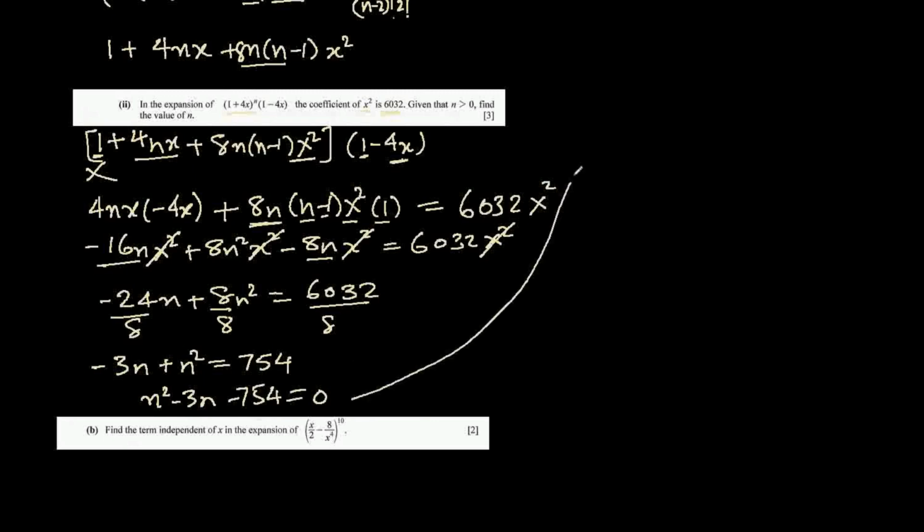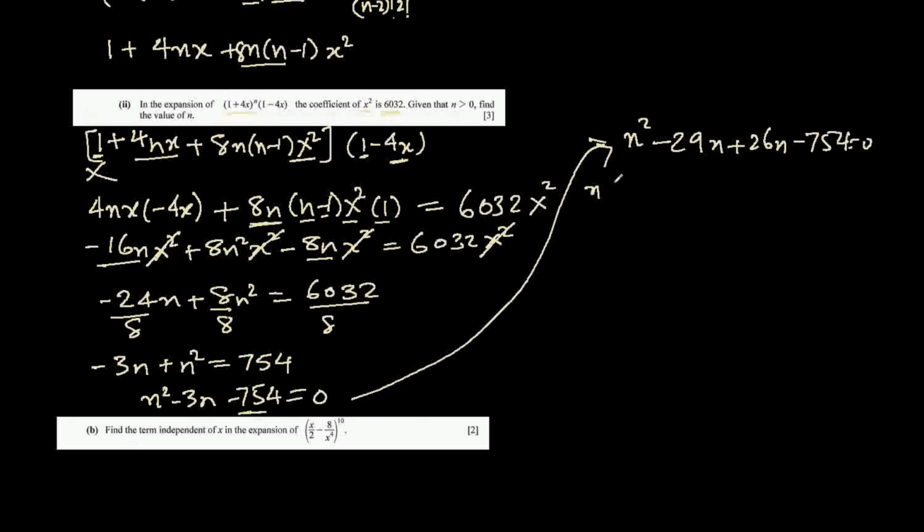And the method I used earlier, we will use the same thing. We have to divide 754 into two parts so that the difference is 3. So 29 and 26. So n squared minus 29n plus 26n minus 754 equal to 0.